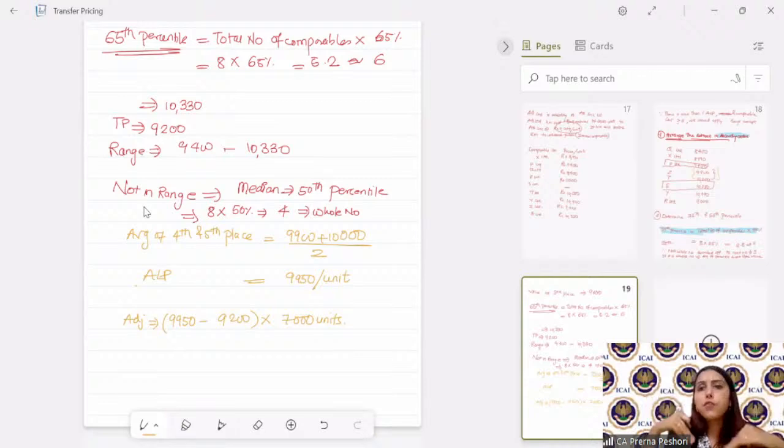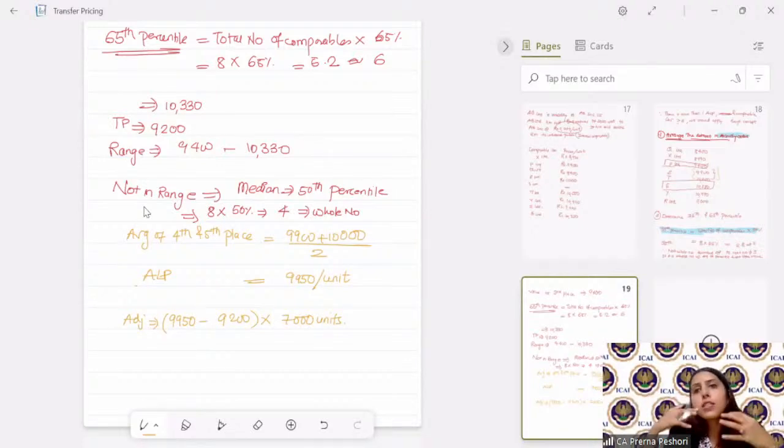Then obtain the 65th percentile in a similar way. Total number of comparables into 65%. Whatever figure comes, if it is a whole number, take the average of the numbers at that place and the next place. If it is a decimal, round it off to next place and take the data at that particular place. That will be your range.